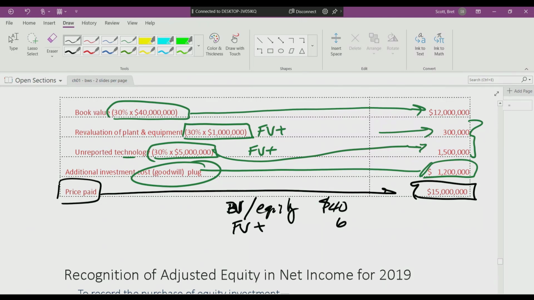And on top of that, if we were to look at the market value of equity, stock price times number of shares outstanding, perhaps there's another $4 million to add. So we can look at the fair value of DMC as a whole and say that they're worth $50 million. That's not what you see. This extra stuff is not in the balance sheet.